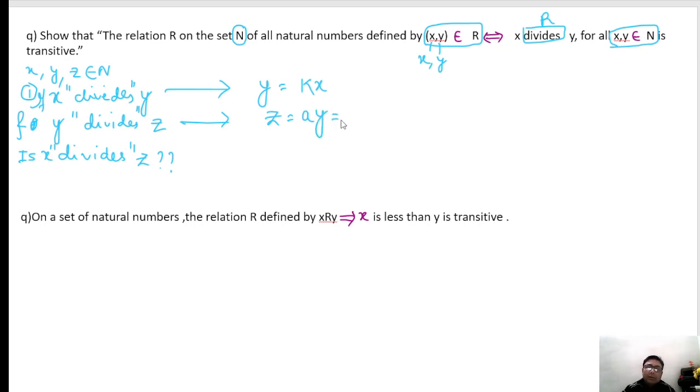So I can write this as a into kx. Now I have to check, can x divide z? See, z has become a k x. So definitely z is a multiple of x, z is some multiple of x. Therefore I can tell that x will divide z. This is valid, right?